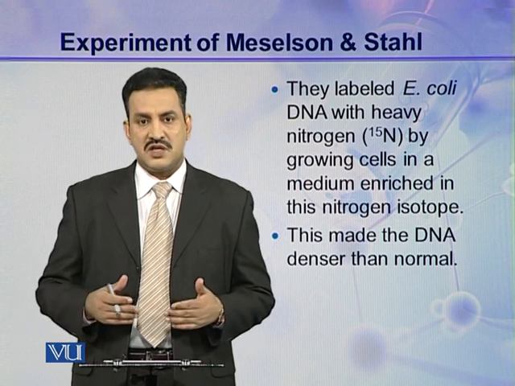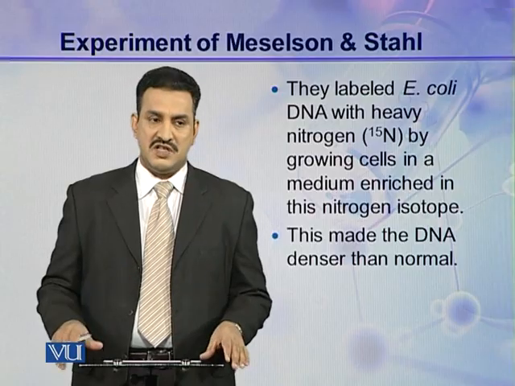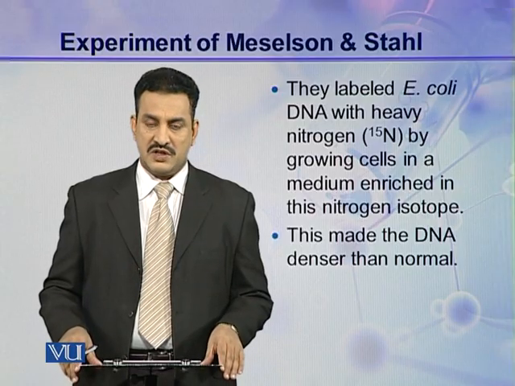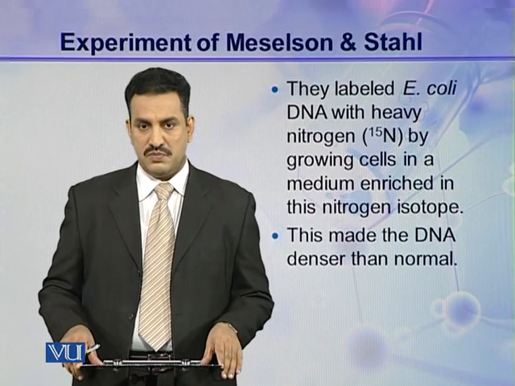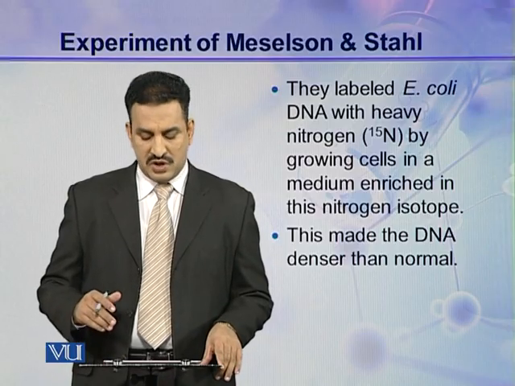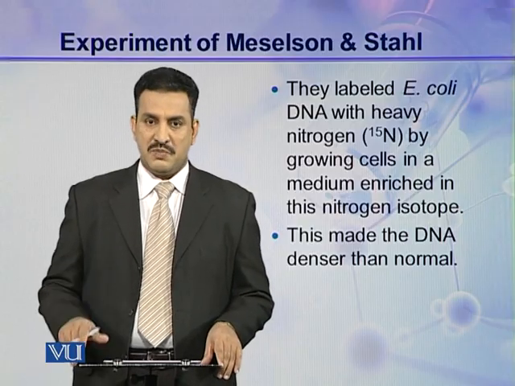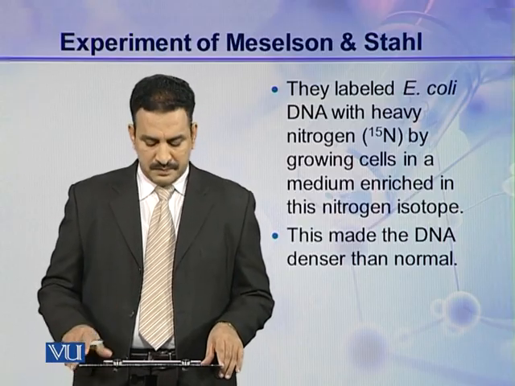By this they wanted to label all the DNA of E. coli with this heavy nitrogen, because DNA contains nitrogen. So all the nitrogen in newly synthesized DNA is labeled with N15.